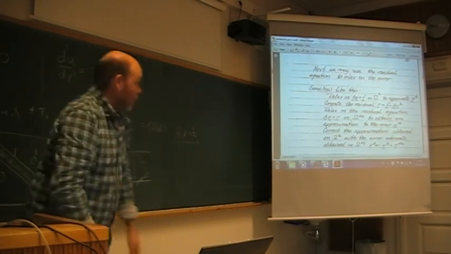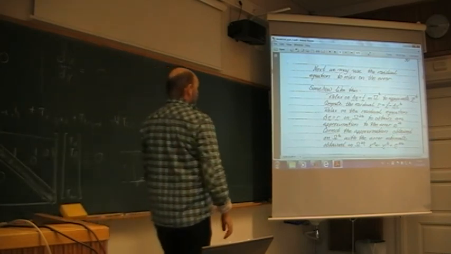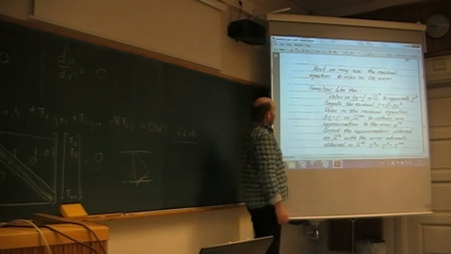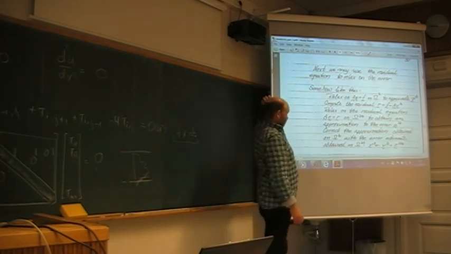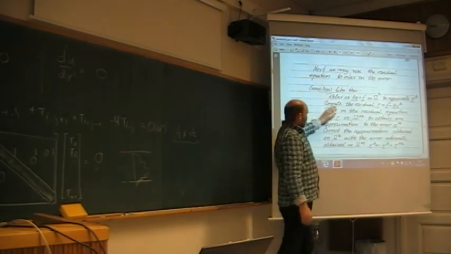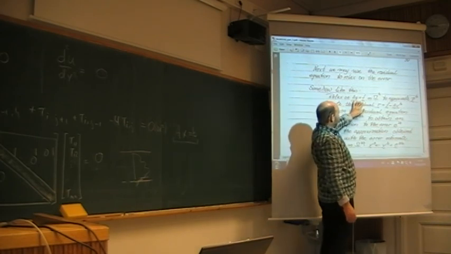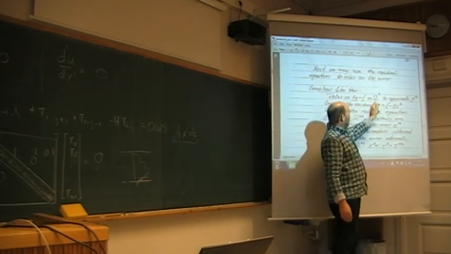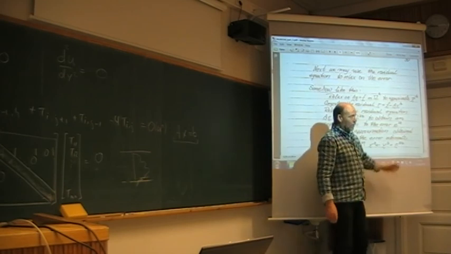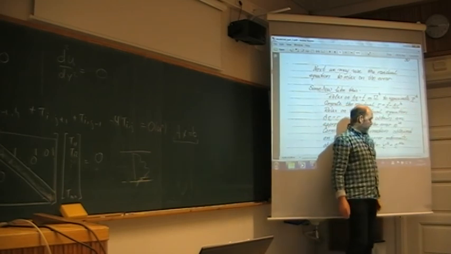So now we can start again on the fine mesh. And this is the equation we are trying to solve. And now on the fine mesh, omega h, we are seeking our numerical solution.